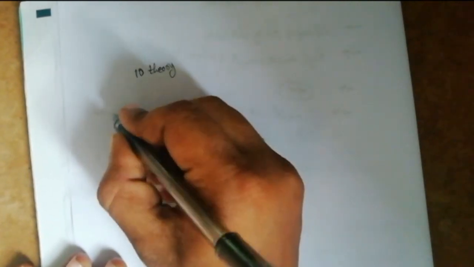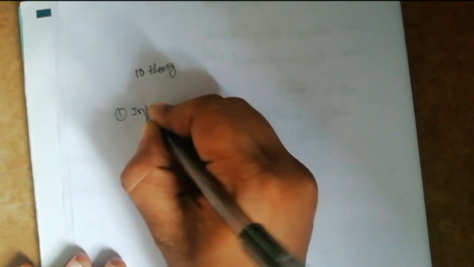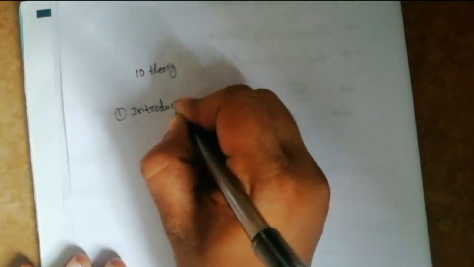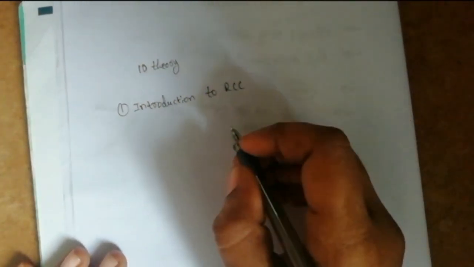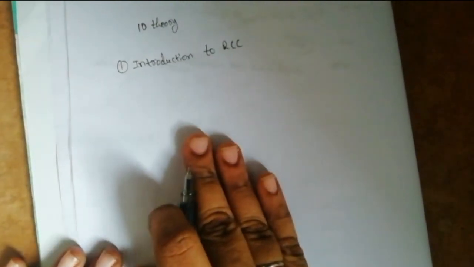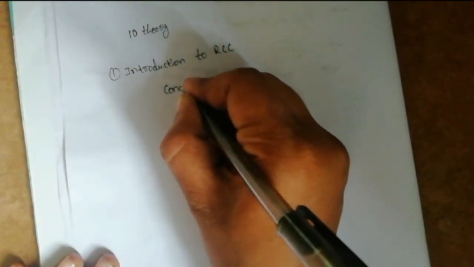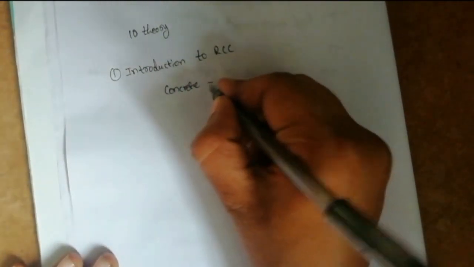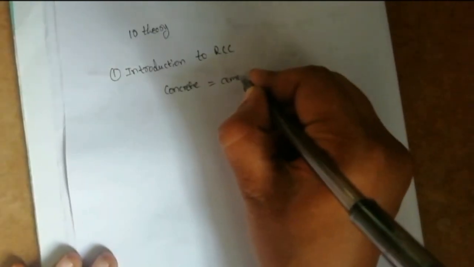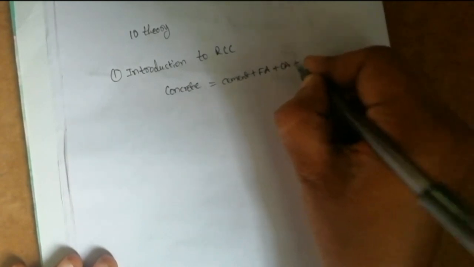Now we go to the first topic, introduction to RCC, reinforced cement concrete. First of all, we want to know what concrete is. Concrete is a mixture of cement, fine aggregate, coarse aggregate, and water.